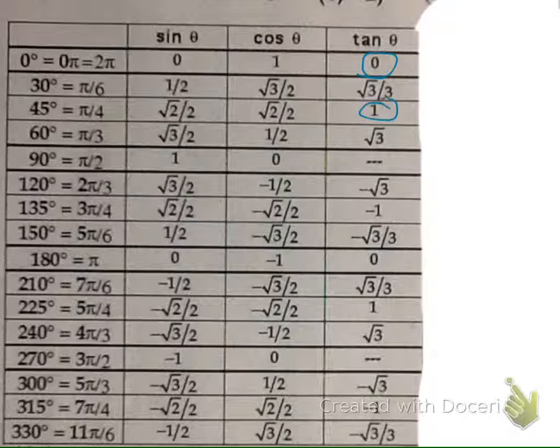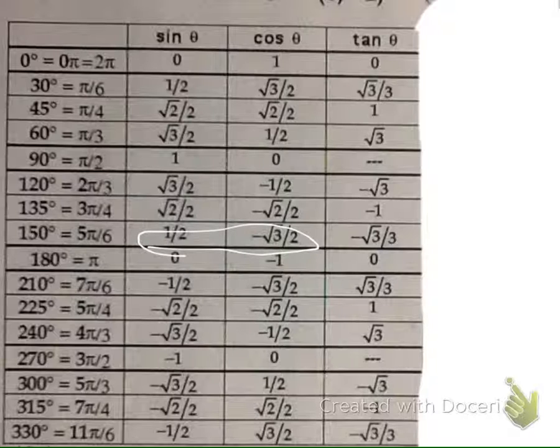We have 0, 1, root 3 over 3, and root 3. Those same 4 numbers repeat, we just have positive or negative. So here's another root 3, 1, root 3 over 3, 0, root 3 over 3, 1, root 3. Lots of repetition, and it just changes with the positive and negative depending on the signs of sine and cosine.